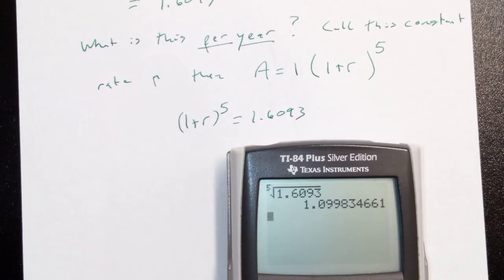The other way to do this is 1.6093 raised to the 1/5. You could use decimals and raise it to the 0.2 if you wanted.